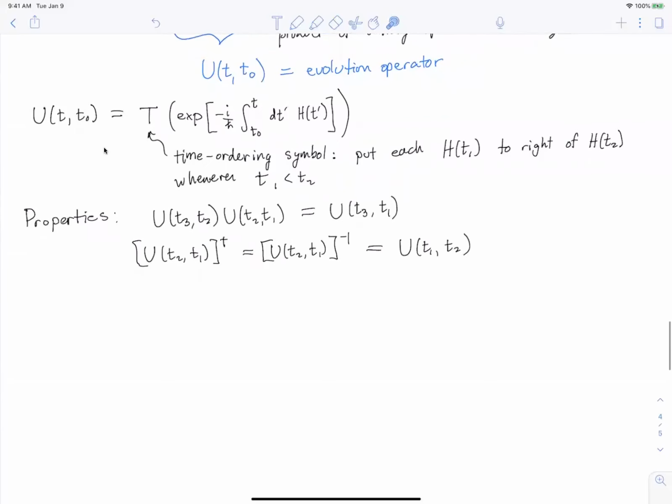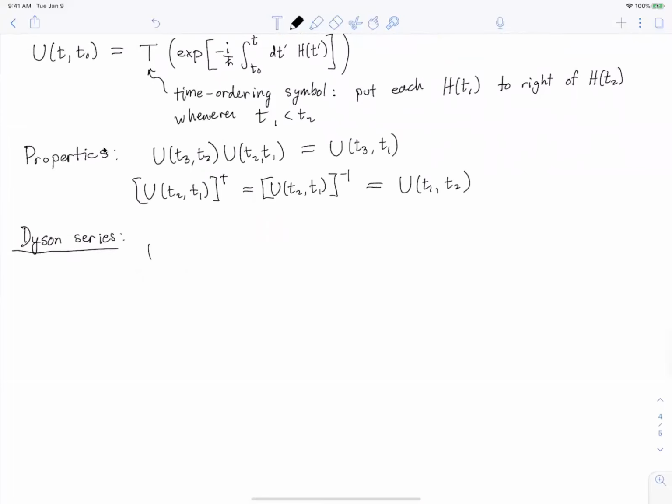Okay, so let me just mention one more thing, which is that you can assemble all of this into a different way of writing, which is called the Dyson series. So you can show that the unitary operator U(t, t0) is equal to the identity plus an infinite sum, n equals 1 to infinity, of (minus i over h bar) to the nth power.